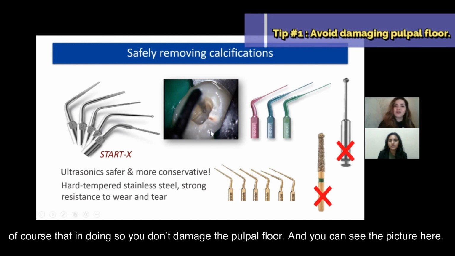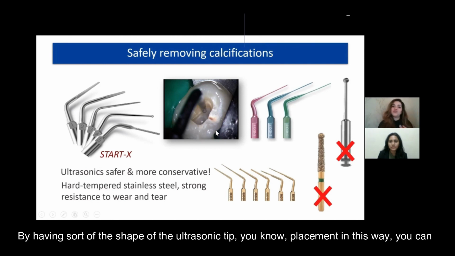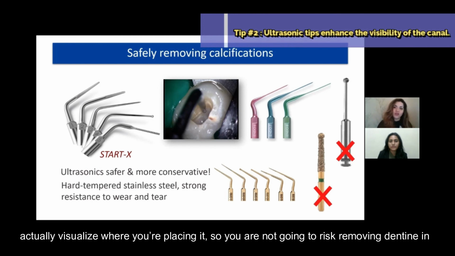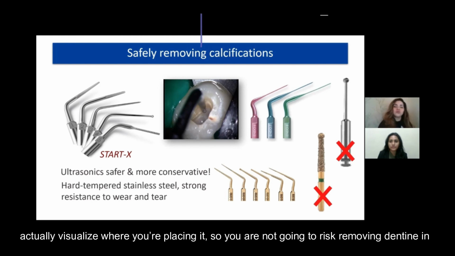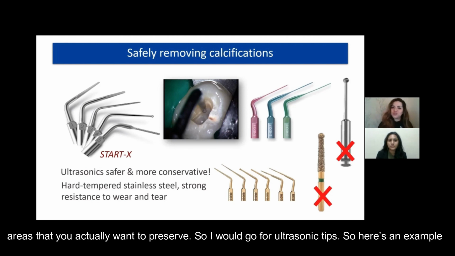You can see in the picture that with the shape and placement of the tip, you can visualize where you're placing it, so you are not going to risk removing dentine in areas you wanted to preserve. So I would go for ultrasonic tips.